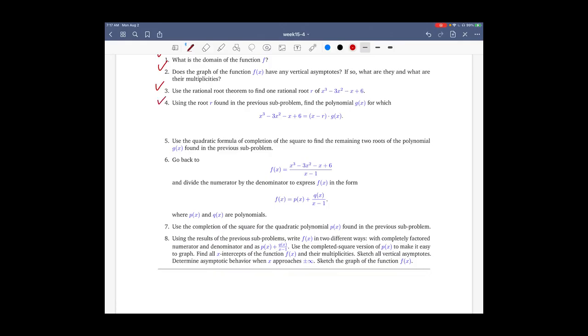In part 5, we need to use the quadratic formula or completion of the square to find the remaining two roots of the polynomial g found in the previous subproblem.